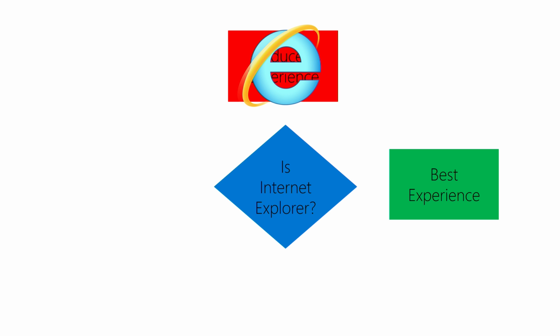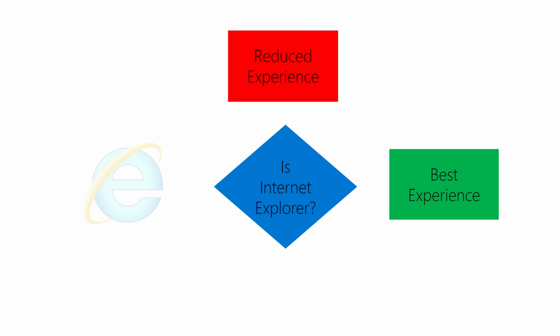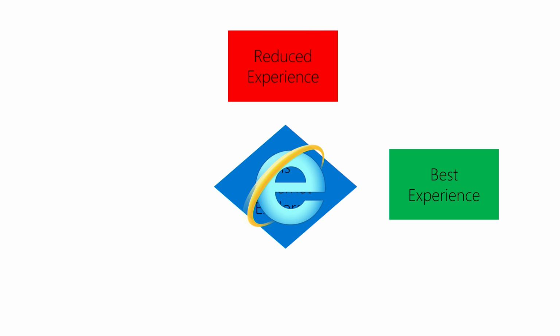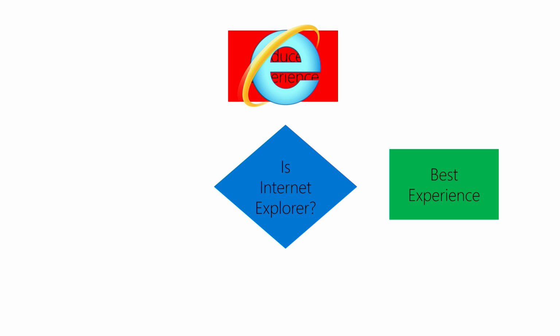But the problem comes when, say, a new version comes along, like IE 9, and it says, hey, is this Internet Explorer 6? It is. Okay, let's go and send them off to the reduced experience. So even though the browser supports whatever functionality it is, they're still getting this old crappy experience when they really don't have to.